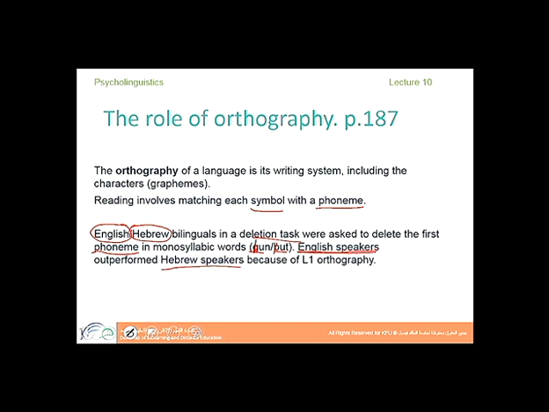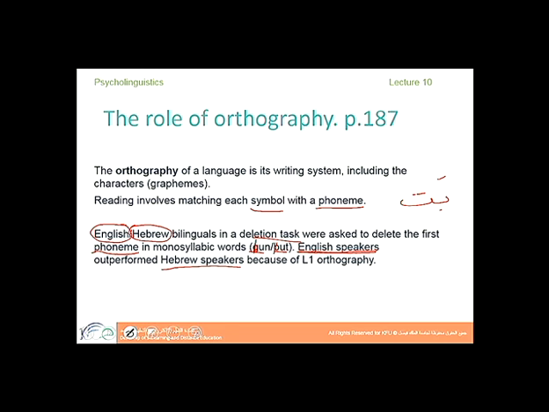Now what about Hebrew speakers? In Hebrew, Hebrew is just like Arabic. For example, this is how we write but, for example, in Arabic. Right? But, maybe like that. So they asked them to delete the first phoneme, remember, phoneme, not letter.